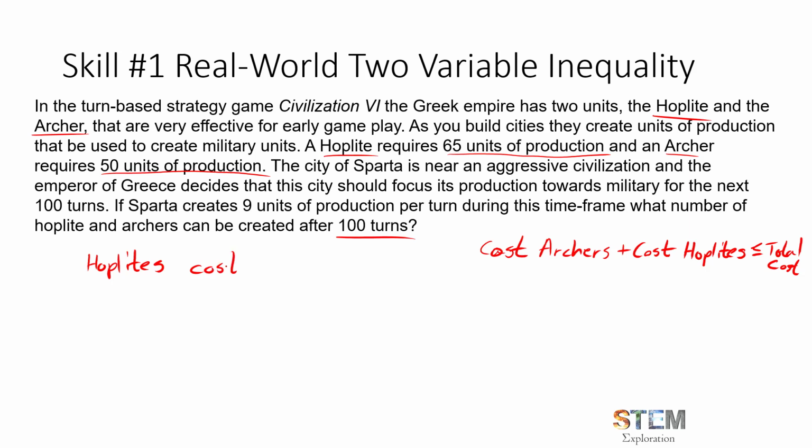cost 65 units of production. Archers cost 50 units of production.